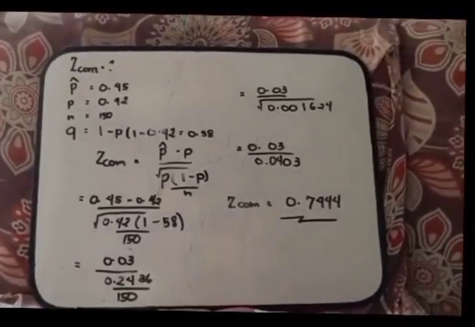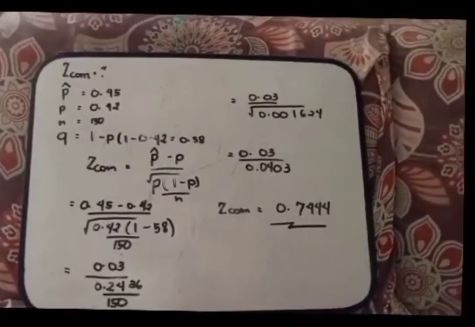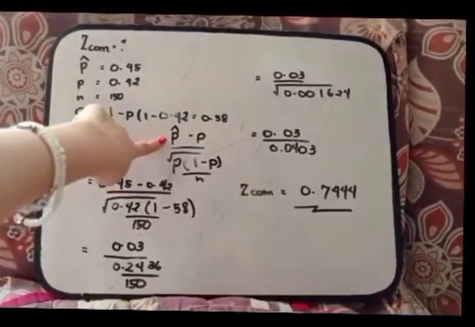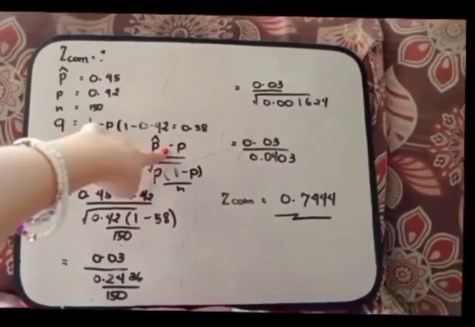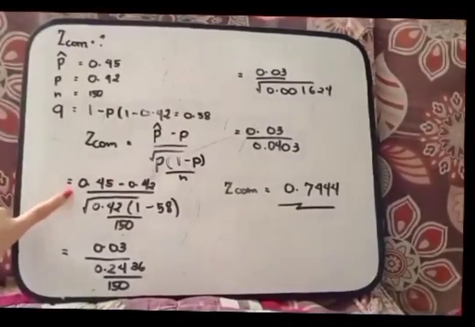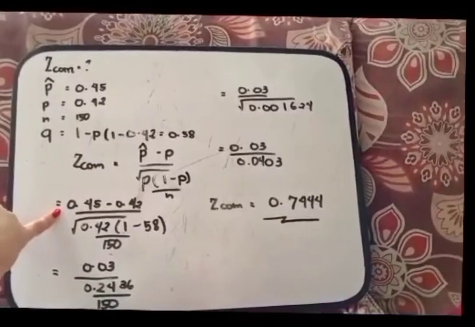And now let's proceed to substituting the given using the formula. Sample proportion minus population proportion, which is 0.45 minus 0.42.